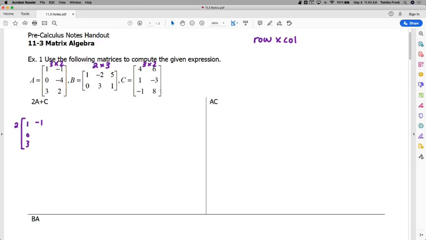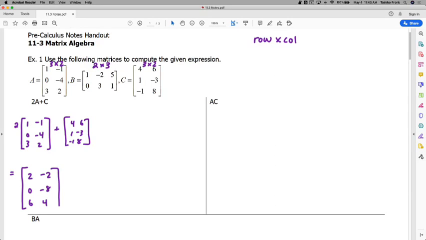That means that every single value in matrix A will get multiplied by 2, and then after that we will add matrix C. So here's the deal. 2 times matrix A is going to be 2, 0, 6 in the first column, -2, -8, 4 in the second column. So that is 2A. And then to that, we are adding matrix C.